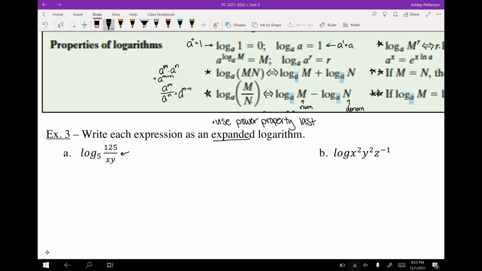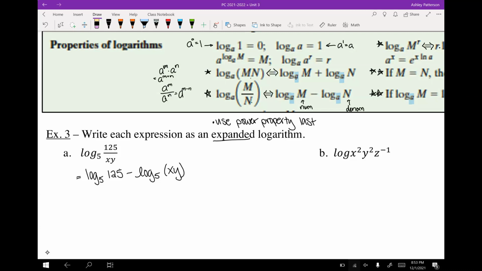So that means I'm going to use the quotient property and I'm going to say that the log base 5 of 125 is being subtracted by the log base 5 of the quantity xy. Notice I had the numerator first and then the denominator, and I kept the bases the same. That's really important. You always have to write out the bases.